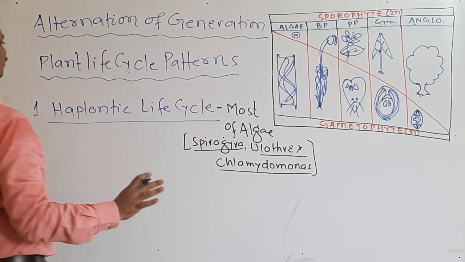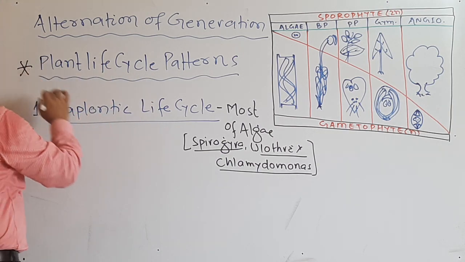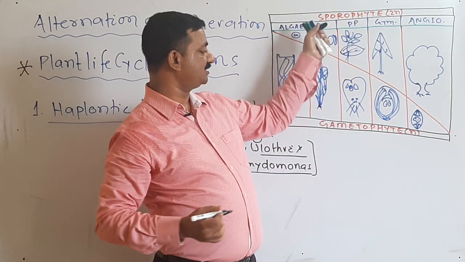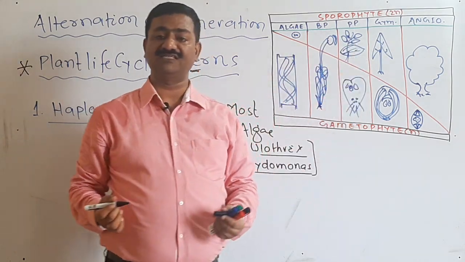Now we are going to talk about their life cycle pattern, how they alternate from gametophyte to sporophyte and vice versa.